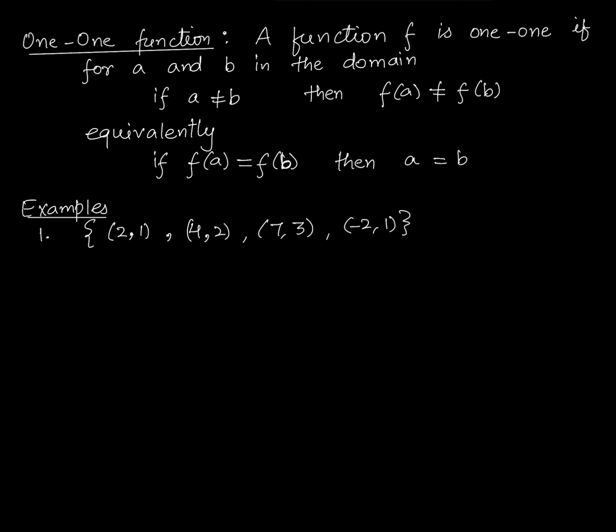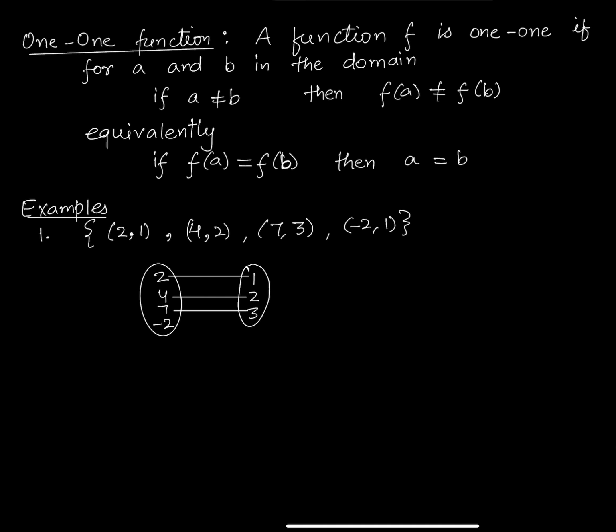You can directly see it if same output got different inputs, then it's not 1 to 1. Or if you want to go ahead, you can just draw your domain and codomain, put the elements of your domain in one set and codomain in other without repeating them. Now 2 maps to 1, 4 maps to 2, 7 maps to 3, and -2 maps to 1. And now you can see this is not 1 to 1.